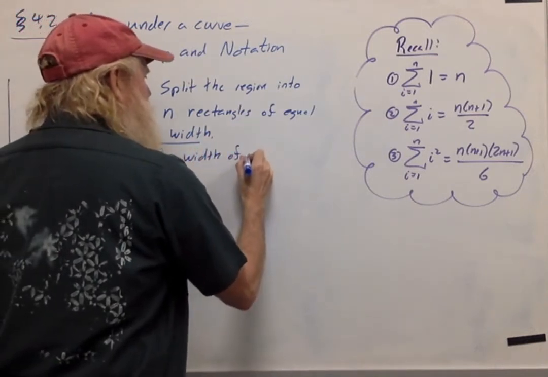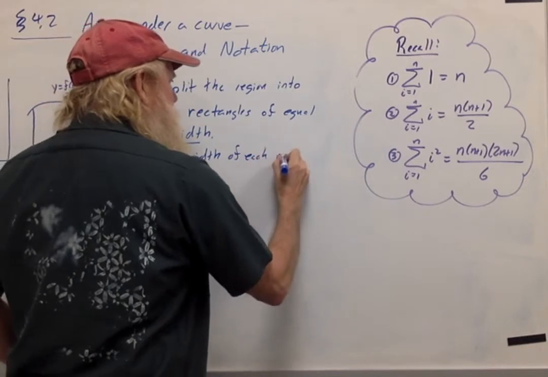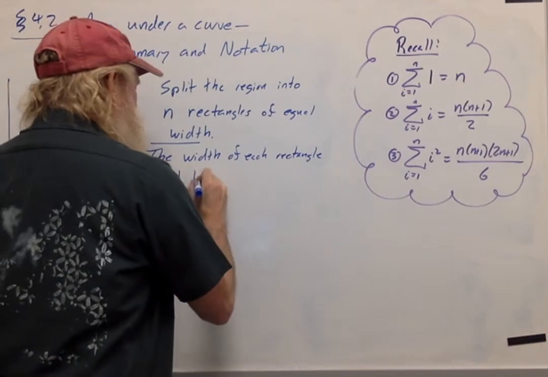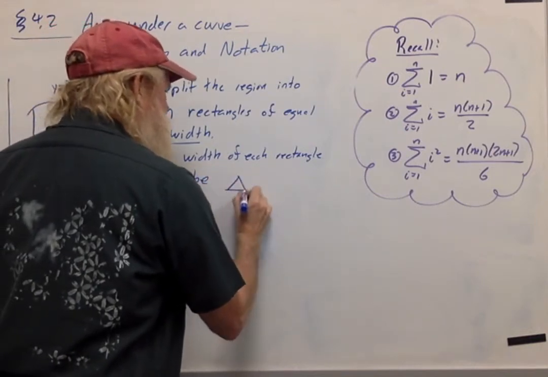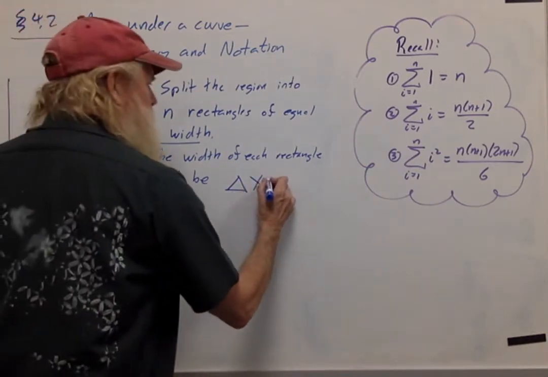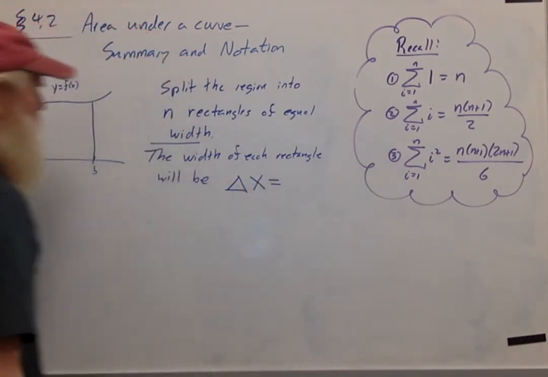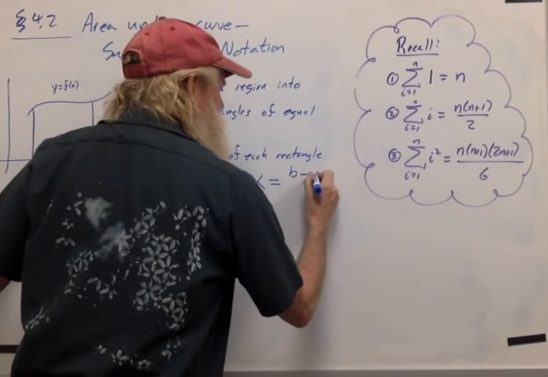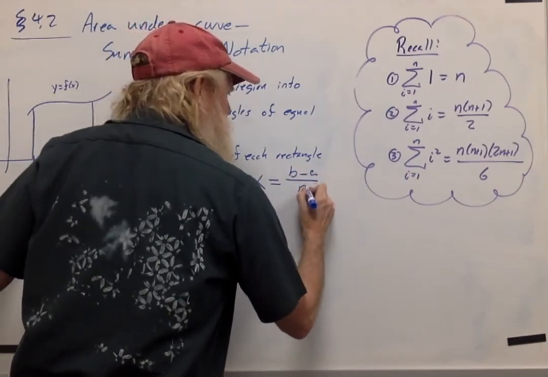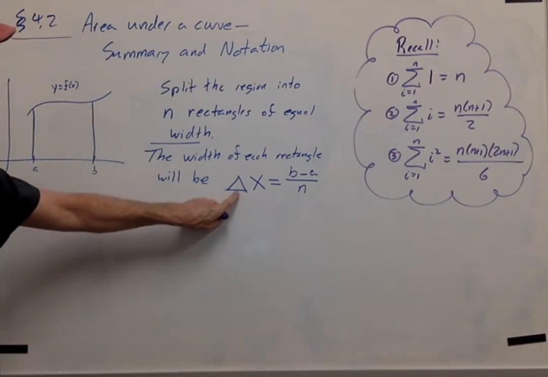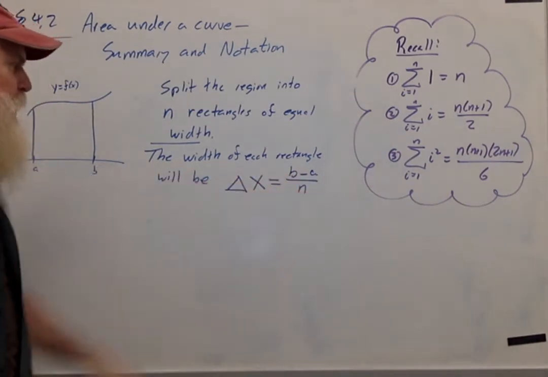The width of each rectangle will be known as delta x. Delta x represents the width of each rectangle. And the way you find out what the width is, you find the length of the entire interval, which is b minus a, and you divide it by the number of rectangles, which is n. So the formula for delta x, which is the width of the rectangle, is b minus a over n.